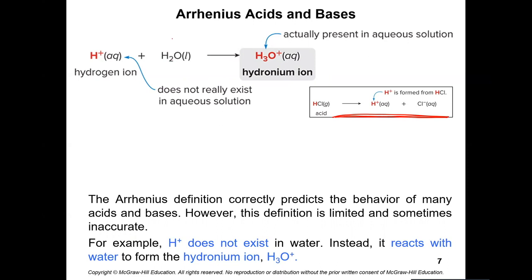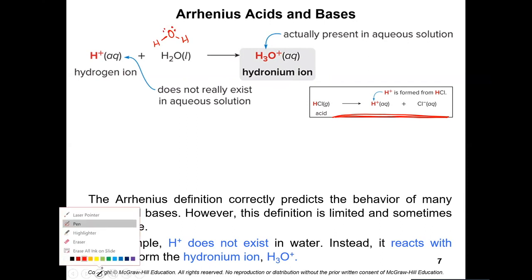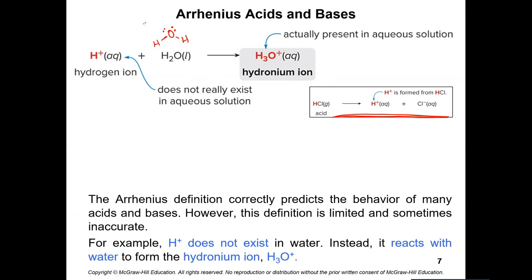How does this happen? Well, we have our oxygen bonded to 2 hydrogens. This is H2O, and this oxygen has 2 lone pairs here. So what will happen is H+ is going to come in without any valence electrons.